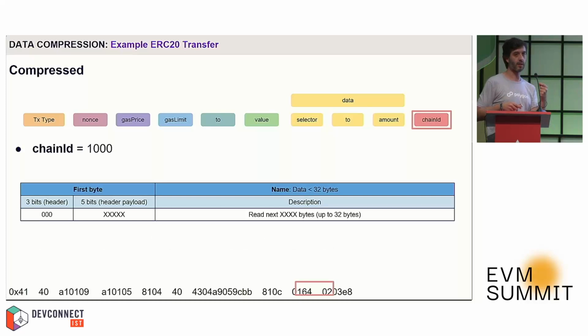But here is that when you call a smart contract and there is a definition of the parameters over there, then you can split in chunks of 32 bytes. So you are able to compress. But otherwise, it will be very difficult. It's basically depending on the data field.